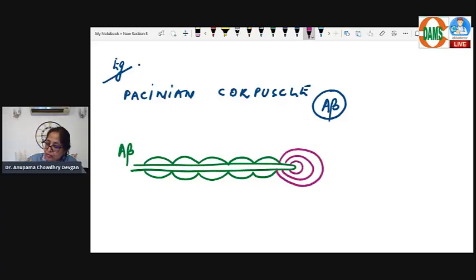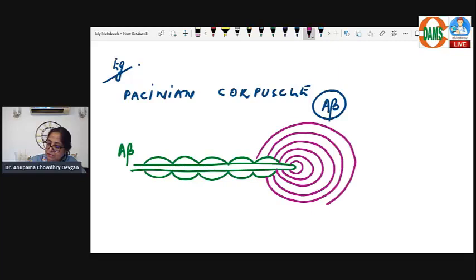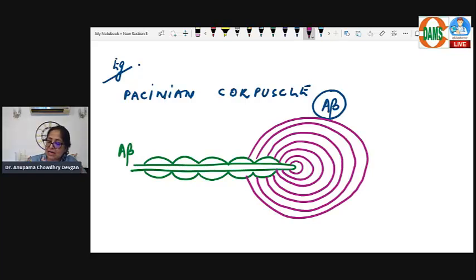I just told you the rapidly adapting receptors are encapsulated. There are multiple layers of capsule here. This lies under the skin. This is your Pacinian corpuscle.